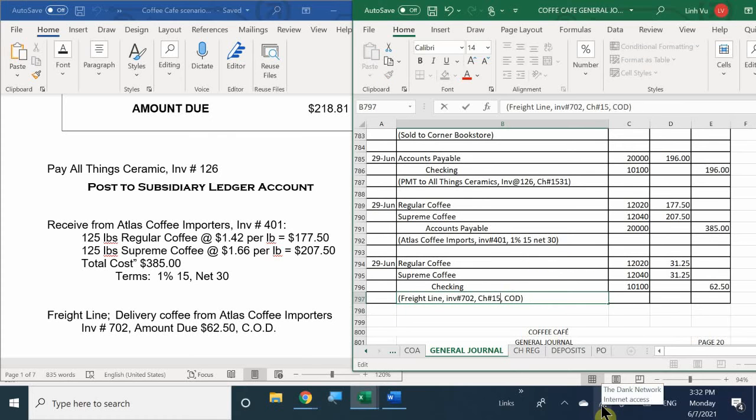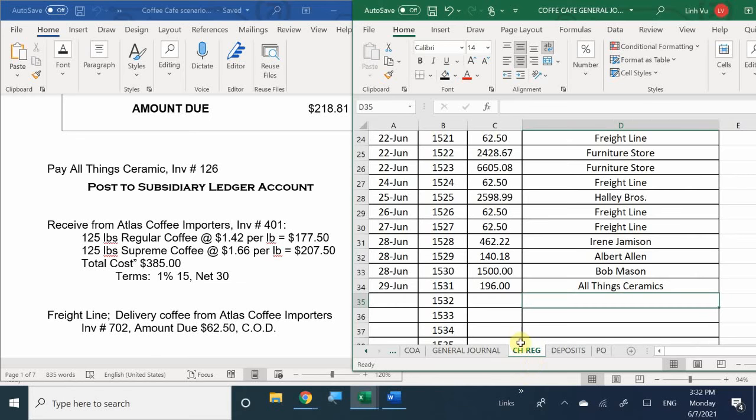I know I wrote the check for them to deliver, and I'm pretty sure they got the invoice, so I'm going to go to checking real fast to make sure I put that in. July 29th, check 1532 for the amount of $62.50, written out to Freight Line.